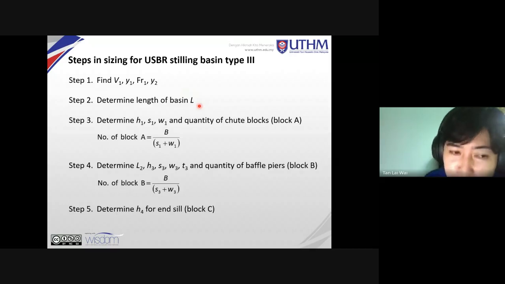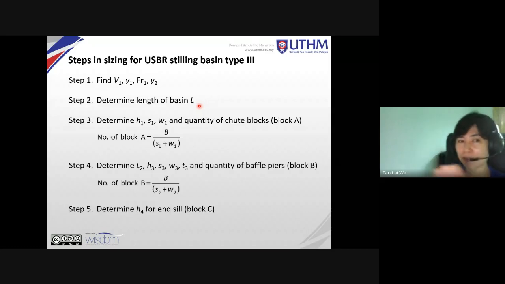Now, some of you may ask me, what if the chart is not provided in the test or your exam? I would say you probably want to write a statement: there is no chart provided, therefore L is not estimated in this question.